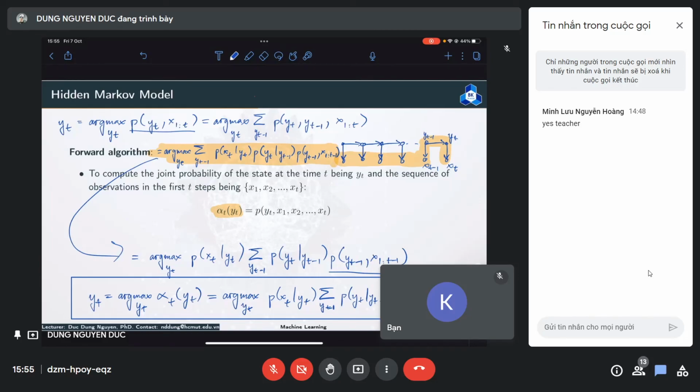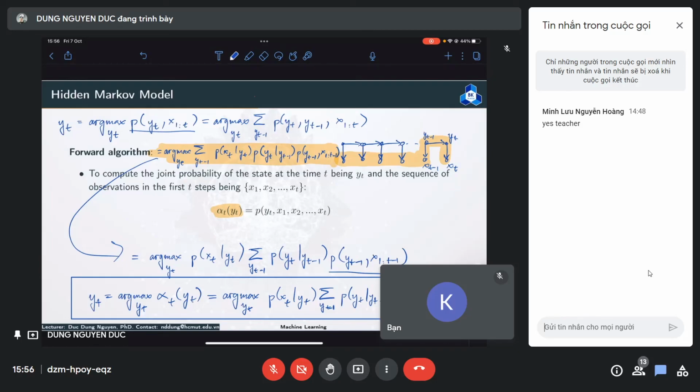So you can start from y1. y1 will be the argmax of alpha 1 of y1, and then you compute alpha 2 of y2 and specify y2, and keep repeating over and over again until you reach the final state yt.